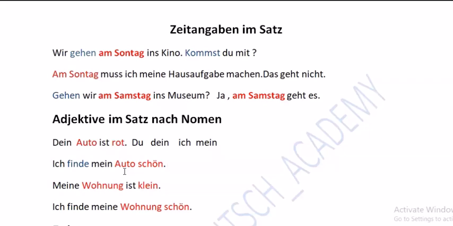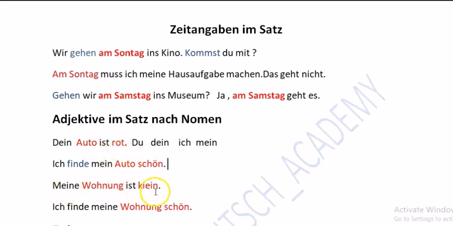If we literally translate it, it means I found my car good. So the next one is here Auto. Auto is a noun, and after that its goodness is described. Here Auto is a noun, and after that its color is described.